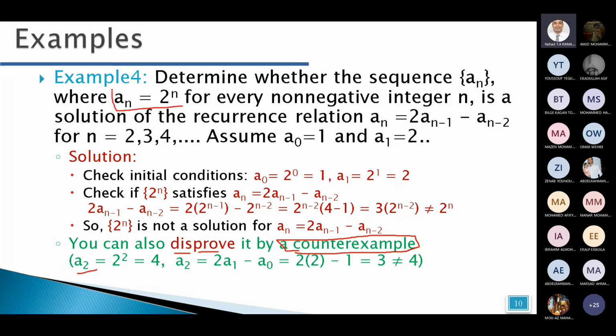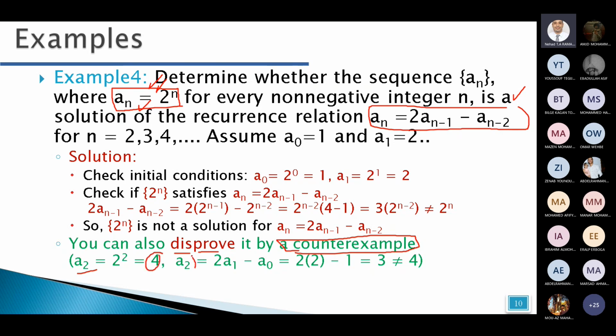We find term a2 using the solution and term a2 using the recurrence relation. If they are not equal, then this is not a solution for the recurrence relation. So a2 from the solution is 2 power 2, which is equal to 4.